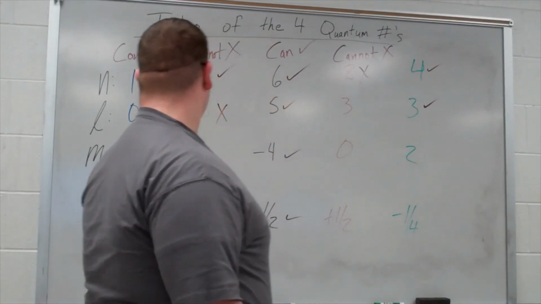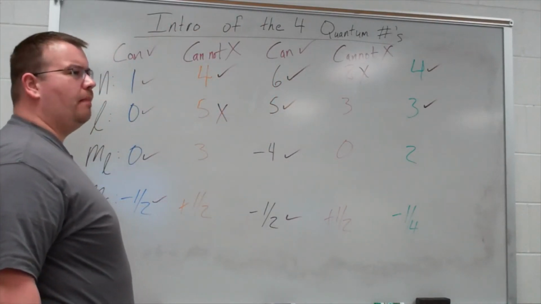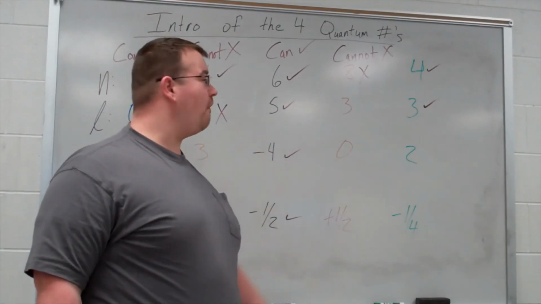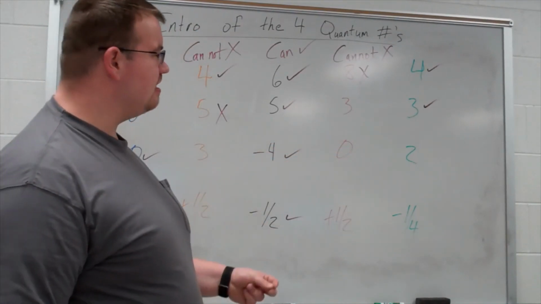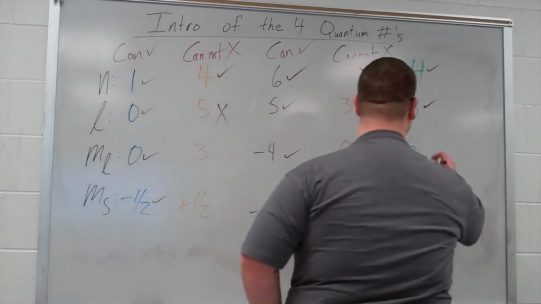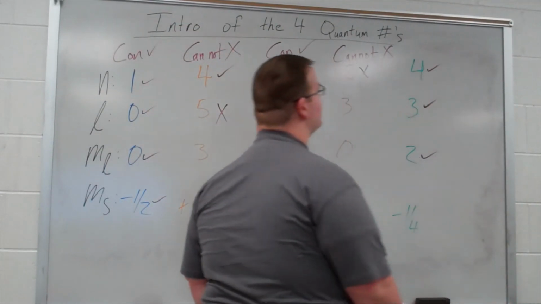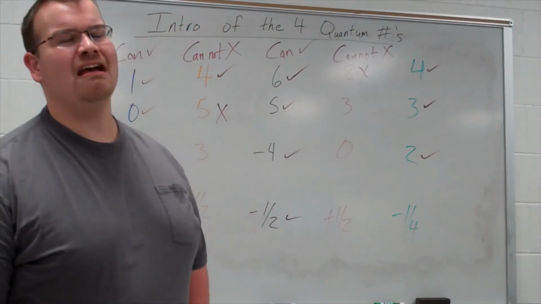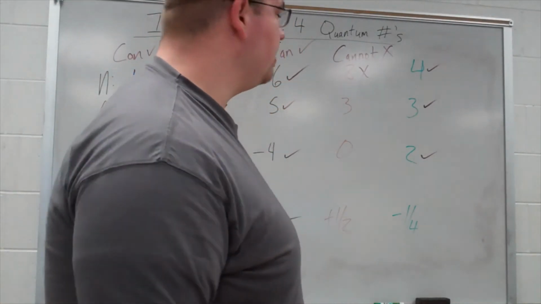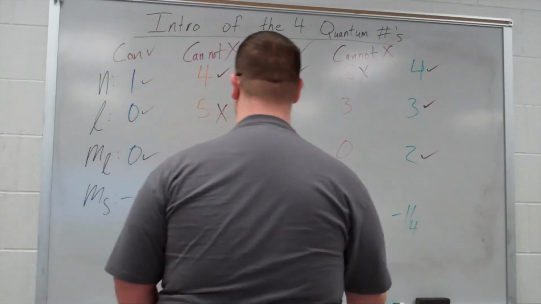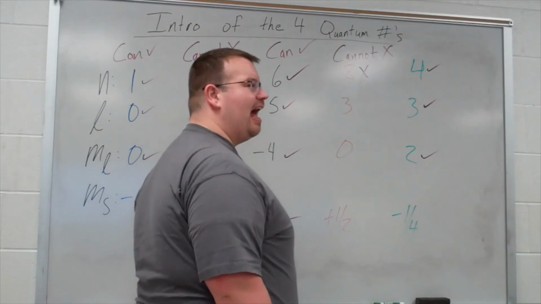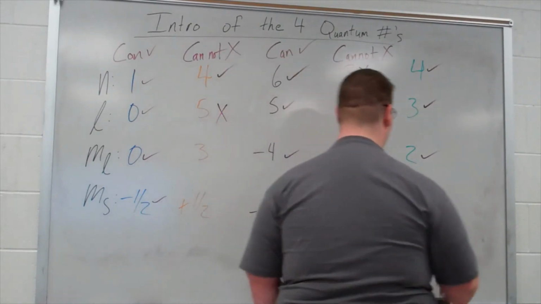Now let's look at the magnetic quantum number, m sub L. m sub L is 2. Does that fall between negative L to positive L? The answer is yes, it does. So that can exist. And this number is here just to prove to you, check everything. Don't just assume something's going to be right. The spin quantum number can only be plus 1/2 or negative 1/2, and I have negative 1/4. This cannot exist.